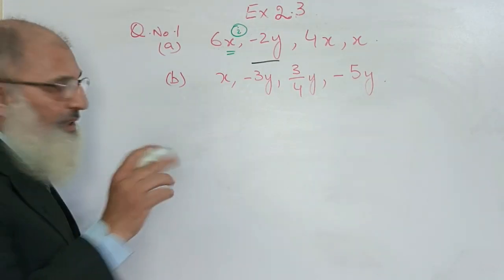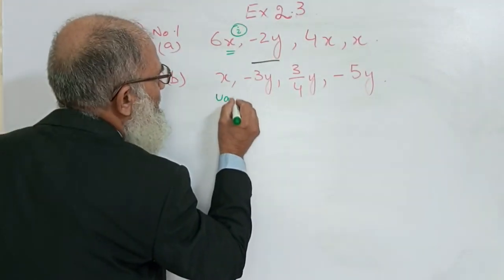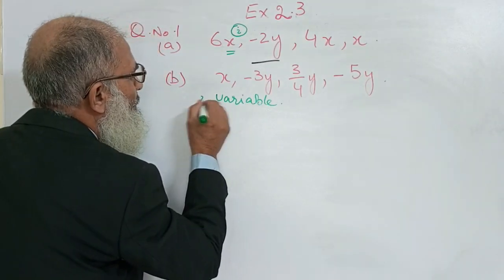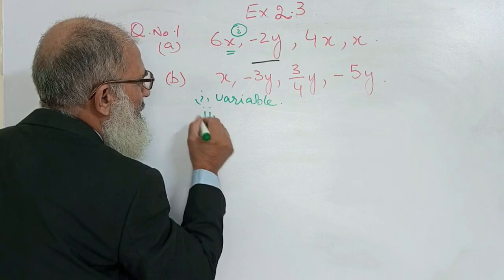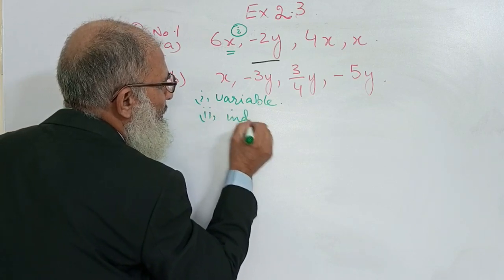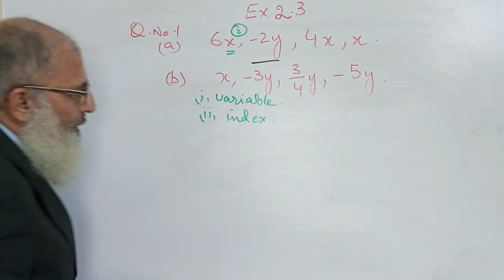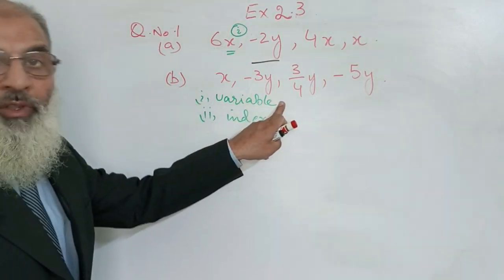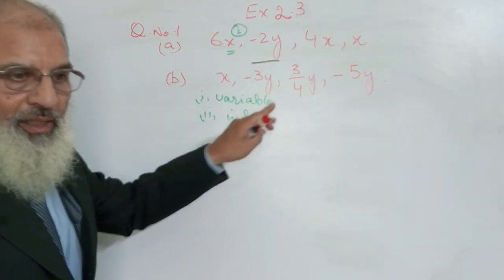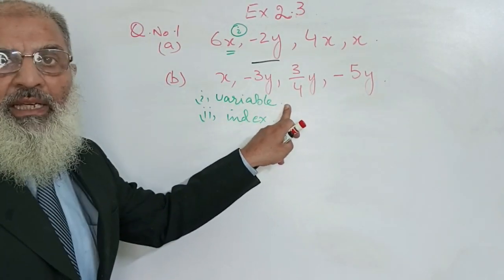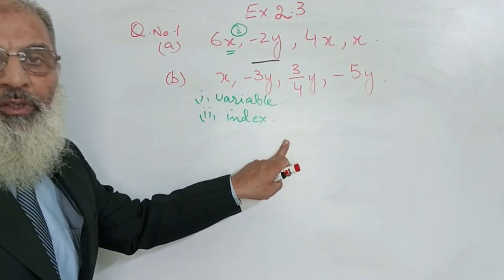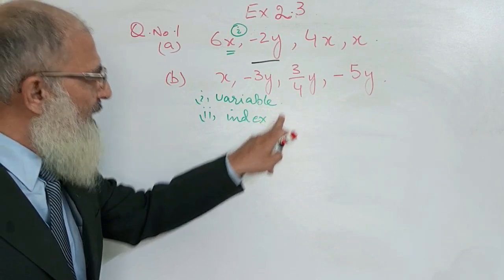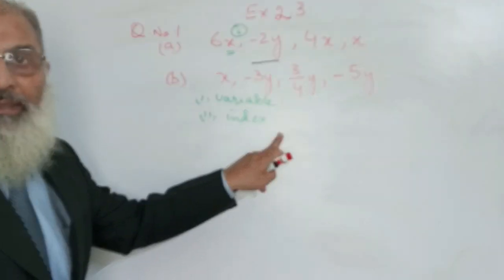Number one is the variable, and number two is the index. Now, my dear students, if we cannot pass this, we don't have to go further. If we pass this, then we have to go to the index.